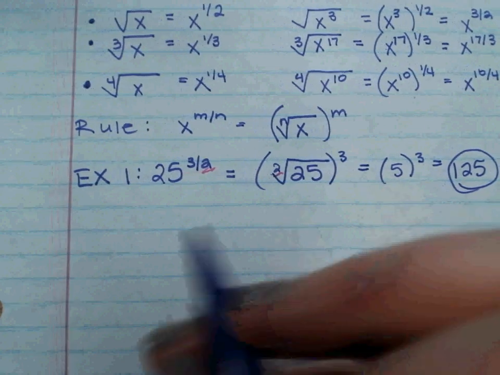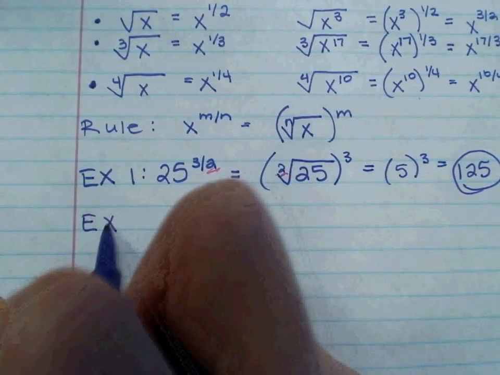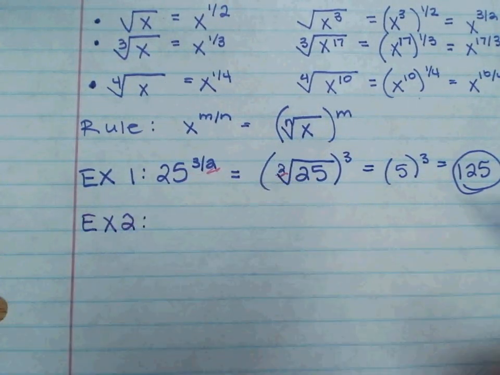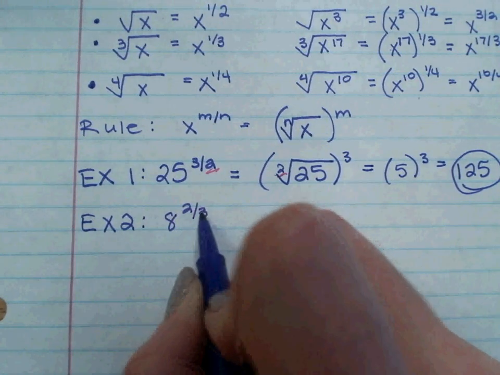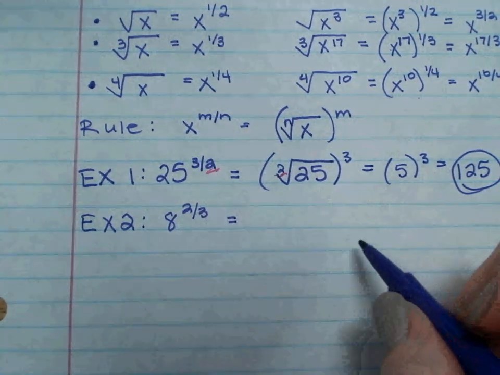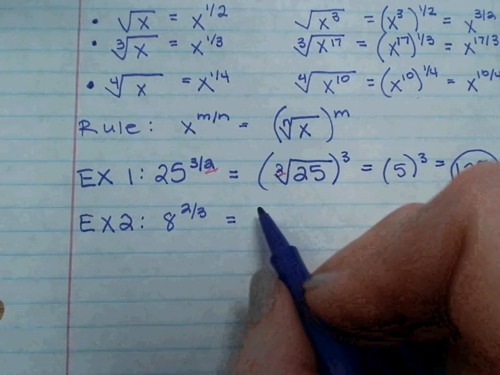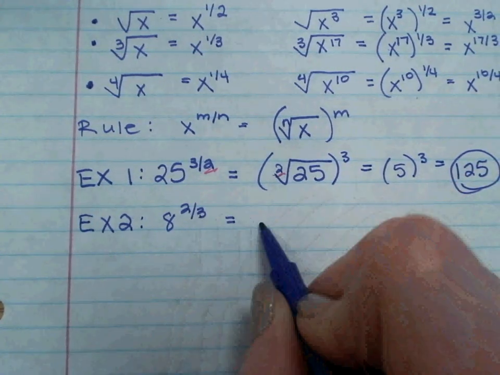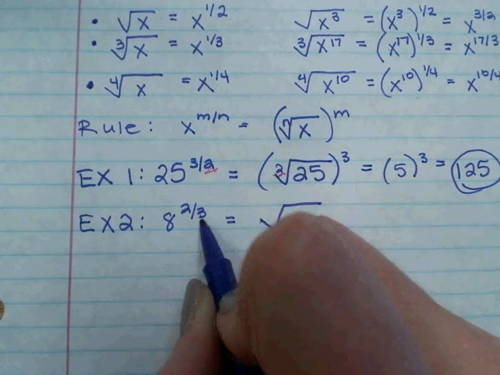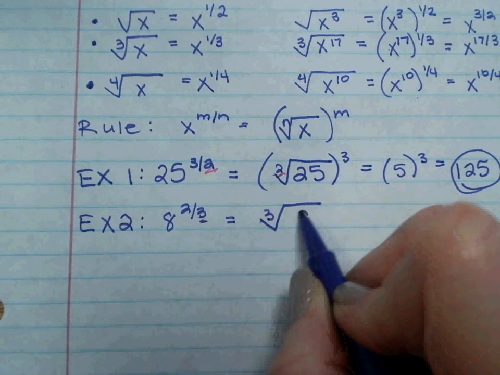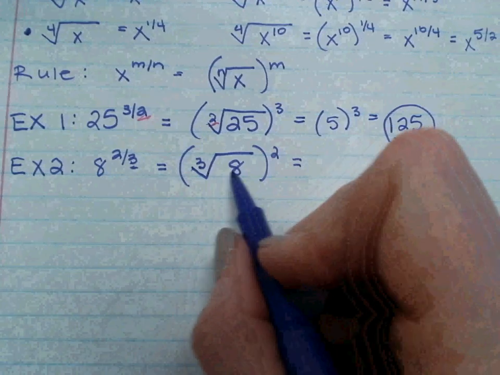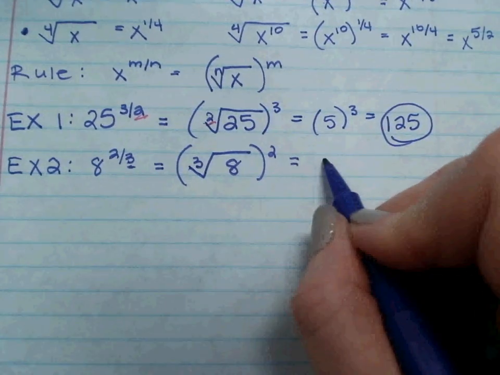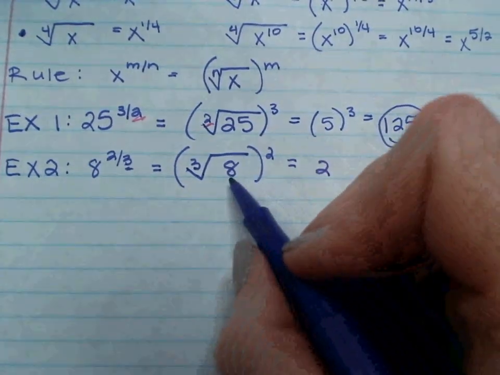Example 2. We have 8 to the 2/3 power. So I could think about that as, this is the index, so the 3rd root of 8 squared. The cube root of 8 is 2. Hopefully we're starting to commit some of these to memory.